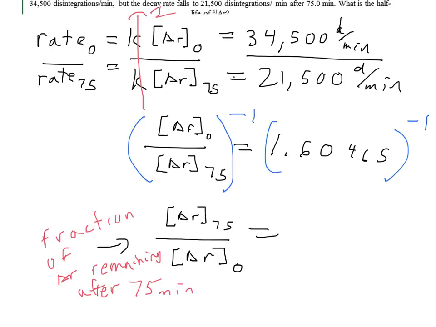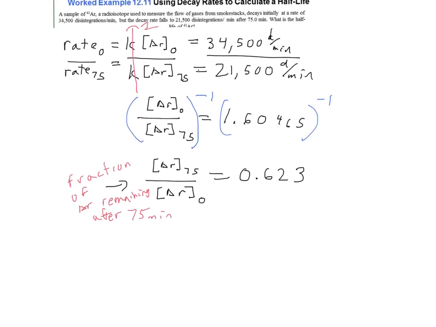So I'm going over to my calculator, I'm hitting my x to the negative 1 button, or I'm taking 1 divided by 1.6046. And when I do that, that gives me 0.623, the fraction of argon remaining. In other words, if I was to put this in percentage terms, just so that you can see where I'm going with this, I've got my amount of argon after 75 minutes divided by my initial amount of argon.